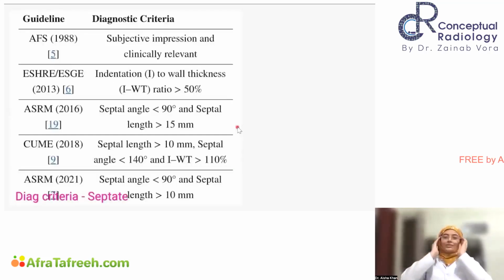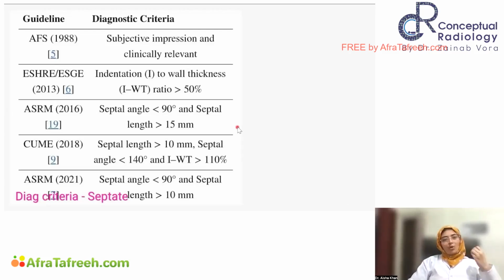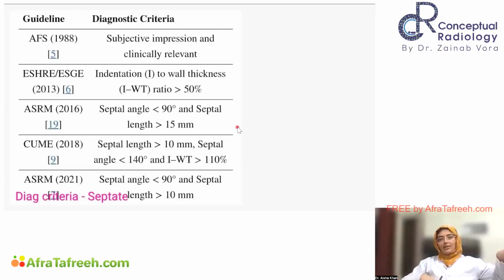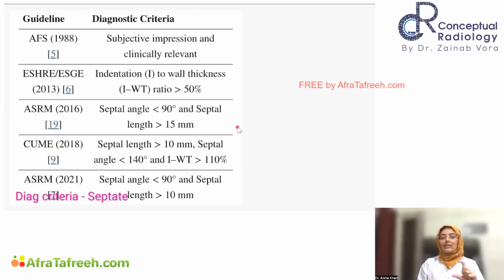So this is the reason that this slide is so important, that you don't have to be like, I'm loyal, I will only use ASRM. No. If you are having a problem, आपको confusion हो रहा है, तो आप ASRM को छोड़िए, दूसरे guidelines use कीजिए. You can use the CUME guidelines because ASRM is under and ESHRE is over diagnosing. CUME is like the middle ground. So CUME क्या बोलता है कि septal thickness should be at least 10 mm. That means 1 centimeter.